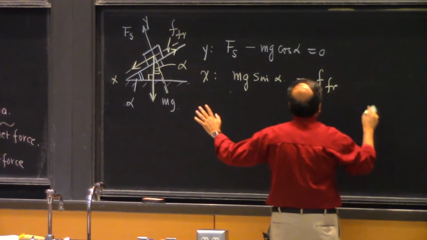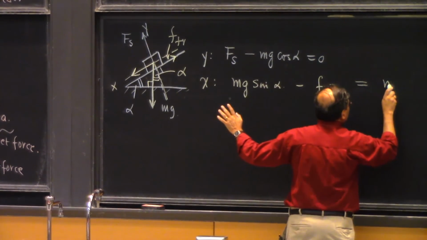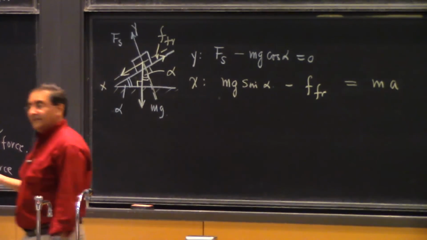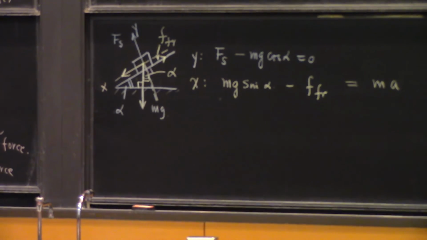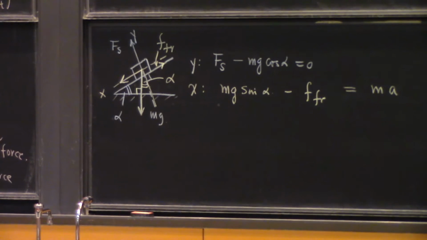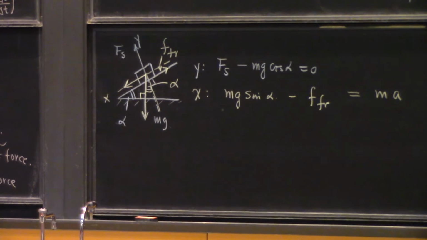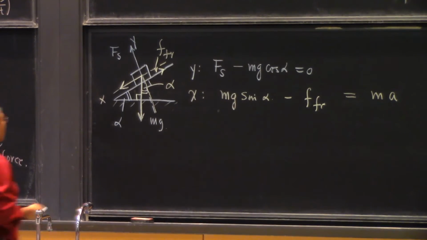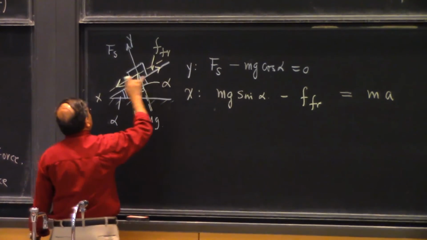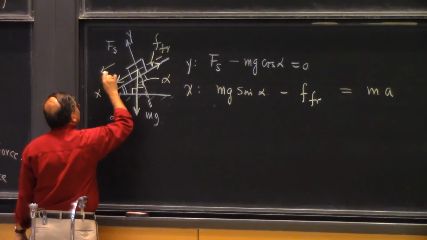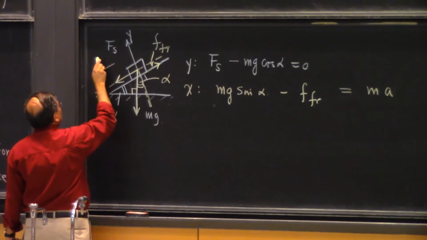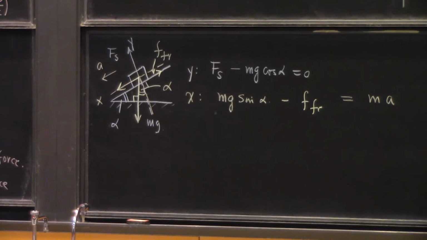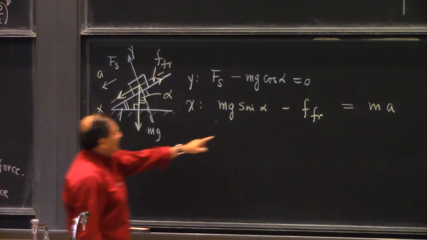If the friction force can't balance things out completely, I must allow for a net force resulting in net acceleration, which should be downward along the incline, because the friction force is an opposing force here. So the picture I've drawn would be consistent in this case, not in all cases, with a downward acceleration. Okay.